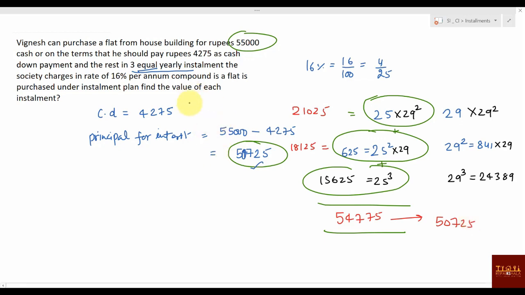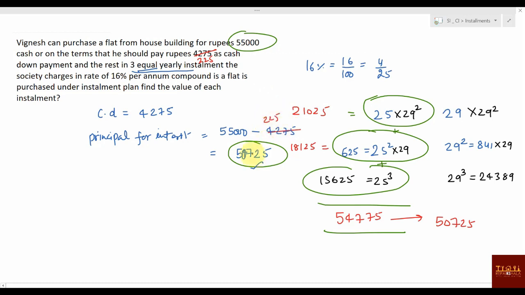So did we make any mistake, or maybe some calculation error is coming. Maybe while typing itself something is changed. So I think this is 4025. If you make it 4025, what will happen? If it is just 225 as a cash down payment, will it come? If you keep 225 as a cash down payment, what will be remaining then?